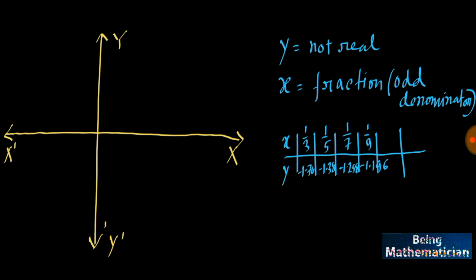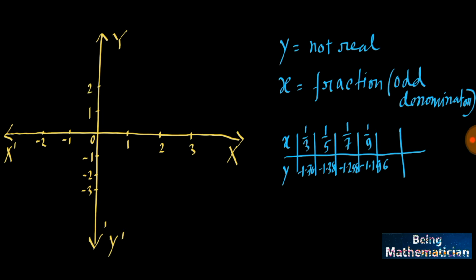So let's plot some points from both of the tables. Assuming that this is 0 and this is 1, this is 2, this is 3, and this will be minus 1, this will be minus 2, this will be minus 3, and here this is minus 1, this is minus 2, and positive y-axis, this is 1, this is 2.